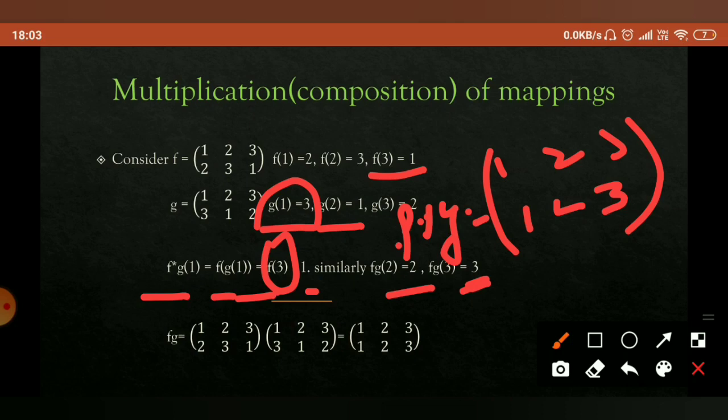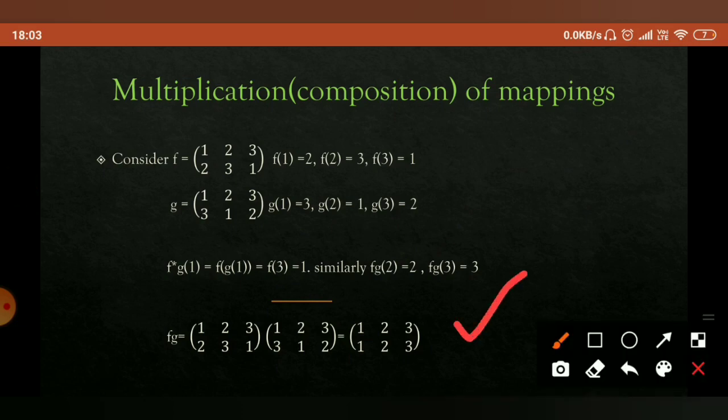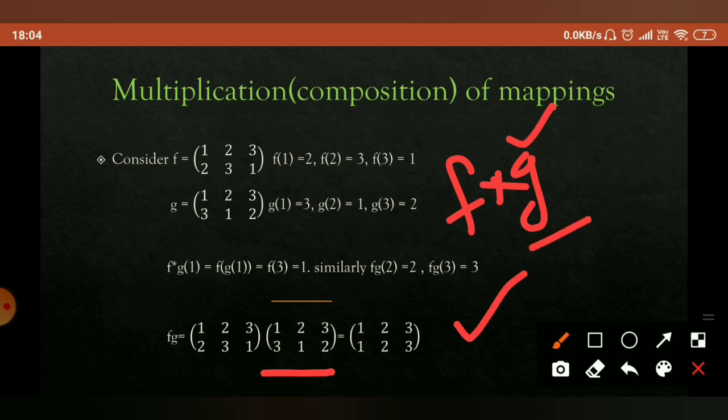So you can see that all the elements that we get after composing two mappings are composed in such a way that first we see the image of that element under G. When F star G is written, first you see the image under G, then the image under F, right?